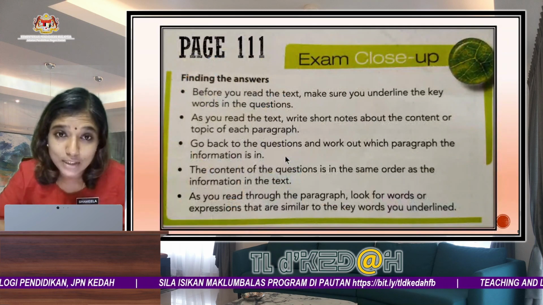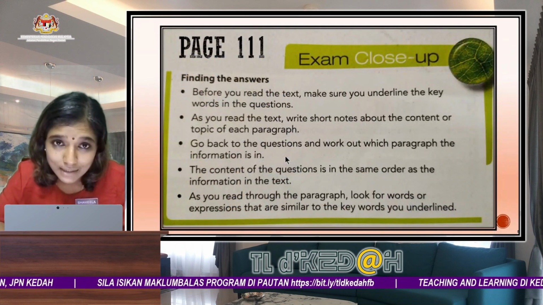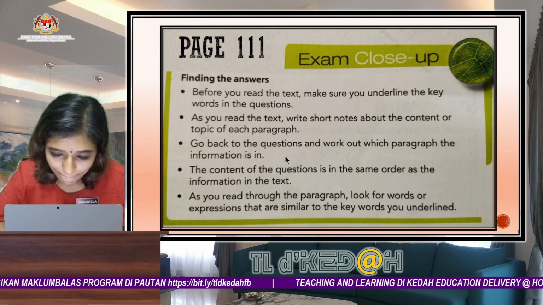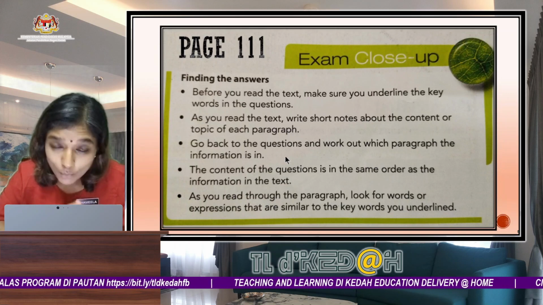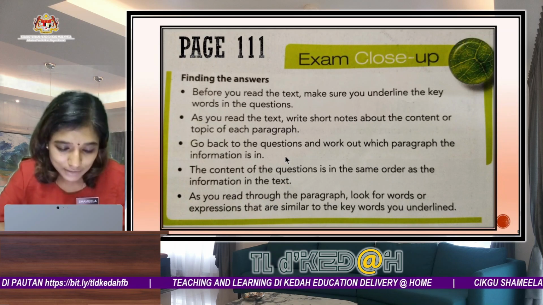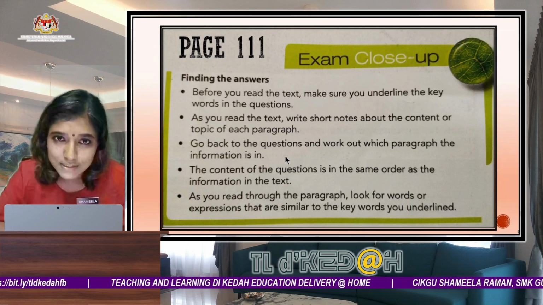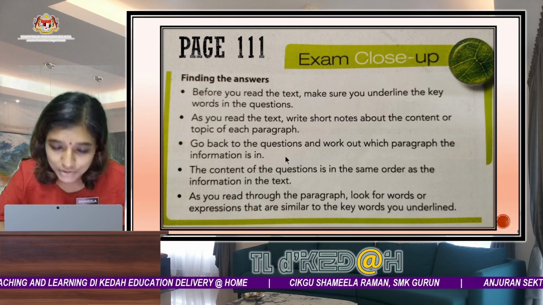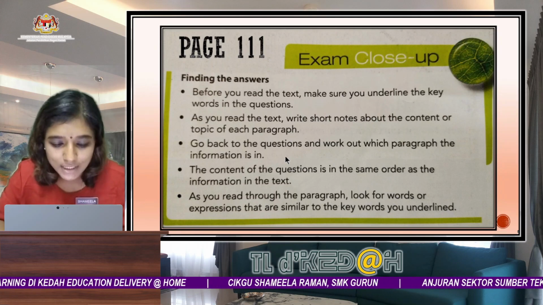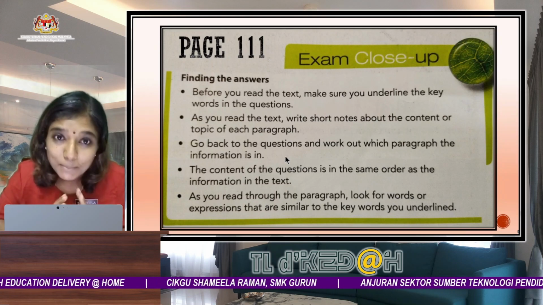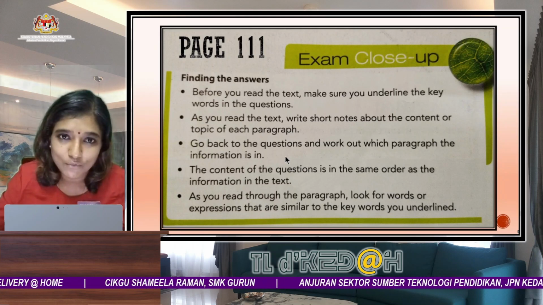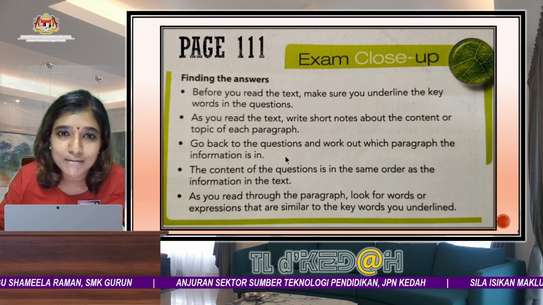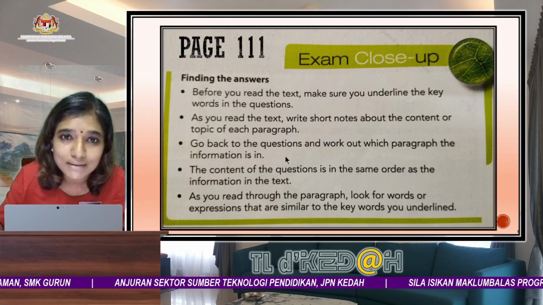So we're looking at the exam close-up. As I said, they are here to help you. We have 5 bullet points. I want you to look at bullet number 4, because this is a very important strategy to remember. The content of the questions is in the same order as the information in the text, meaning question 1, paragraph 1, question 2, still paragraph 1, question 3, paragraph 3, question 4, paragraph 5.